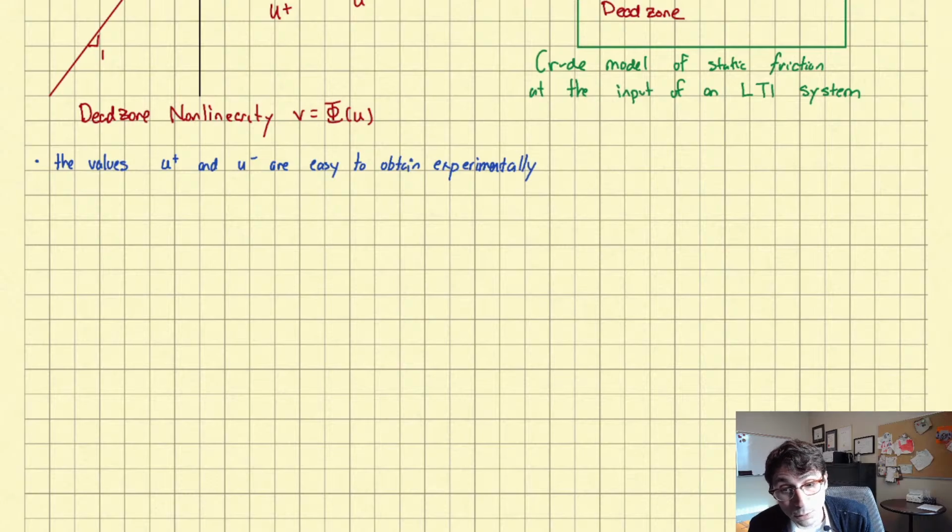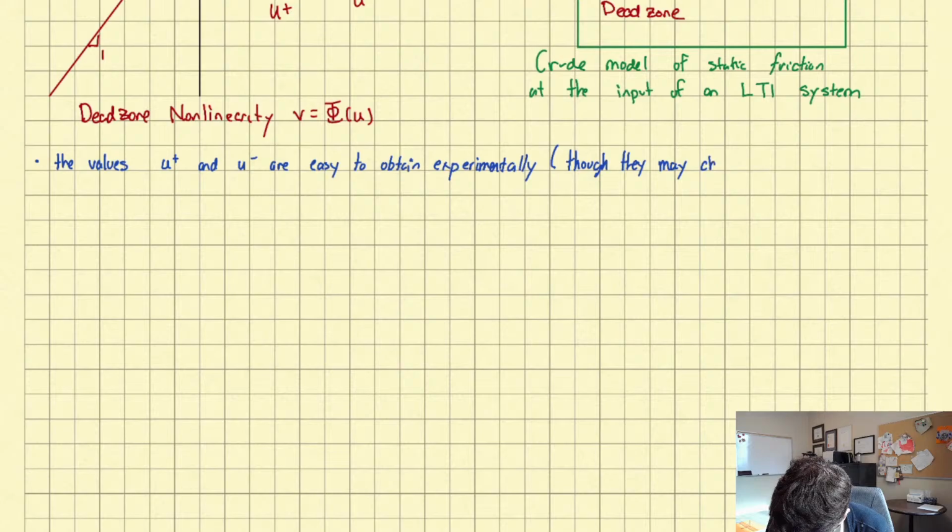So you may have to recompute them. Keep in mind that they may change over time. The other nice thing about using a dead zone nonlinearity is that it's right invertible, so we can use our previous ideas.